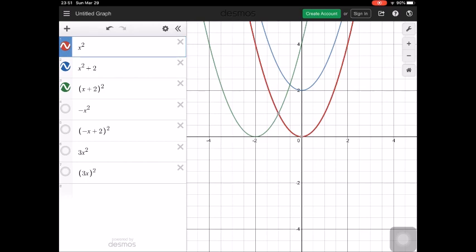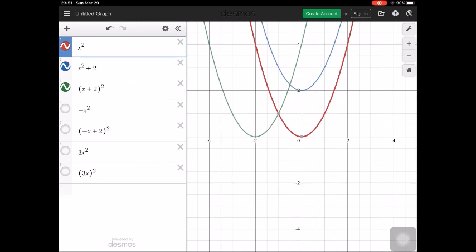But when we add plus 2 inside the parentheses, the function actually moves left instead of moving right, okay? So pay attention to that. That's also a translation. For the first case, the blue function, we call that a vertical translation, 2 units upward. And for the second case, the green function, we call that a horizontal translation, 2 units to the left.